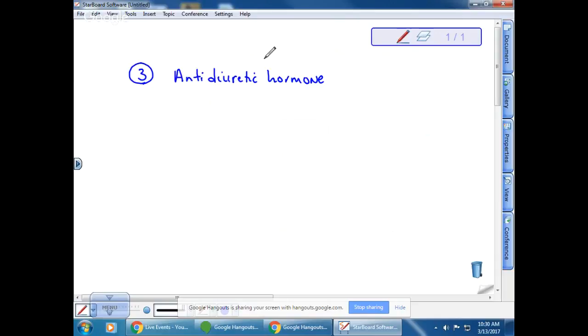Antidiuretic hormone. Okay, so what does diuresis mean? Does anybody know? Yes, and so that would be like urine output, right? So you're getting rid of excess water. So antidiuretic means that you're retaining water.